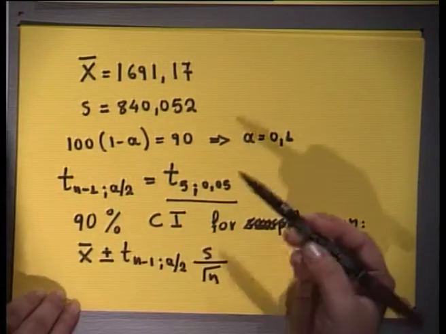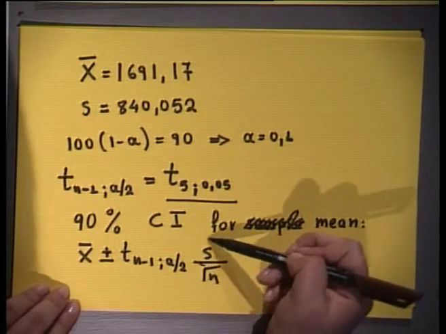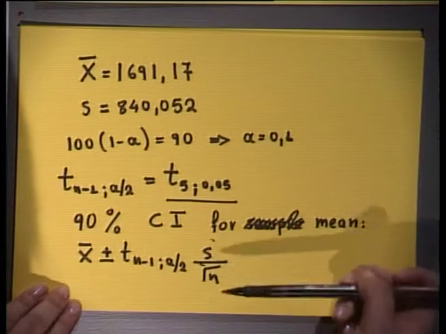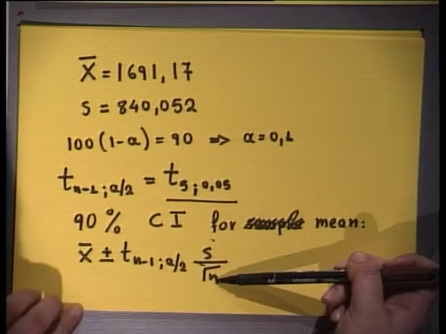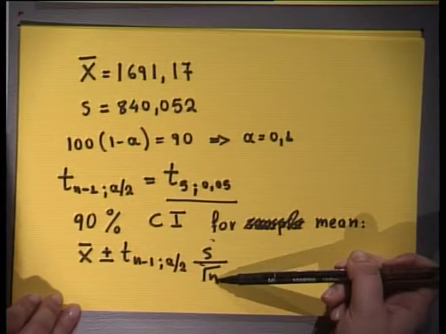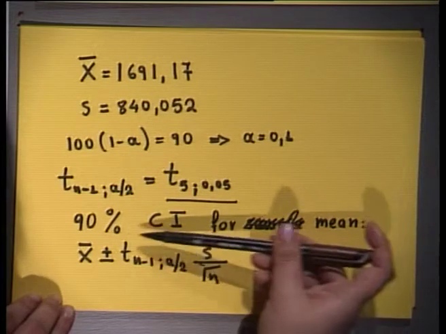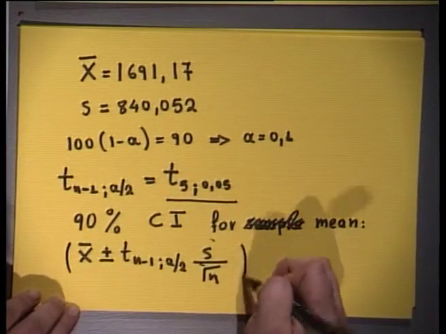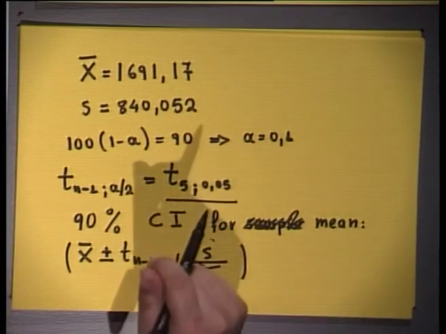So, as the standard deviation is unknown, we need to put the value of S to replace it. n is 6 data, and with the value we have read from the tables, we can actually find the confidence interval for the mean in this case.